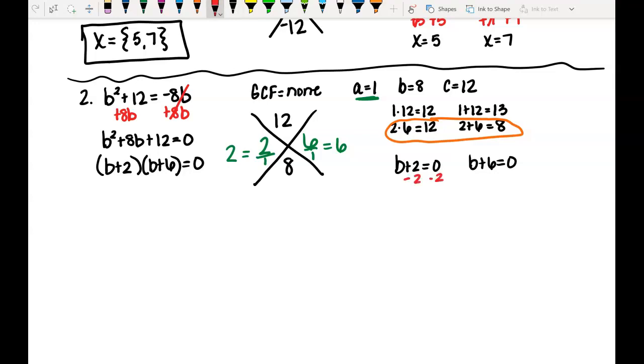Subtract 2 from both sides here, and I get b equals negative 2. The next one, subtract 6 from both sides, and get b equals negative 6. So b equals my solution set of -2, comma, -6.